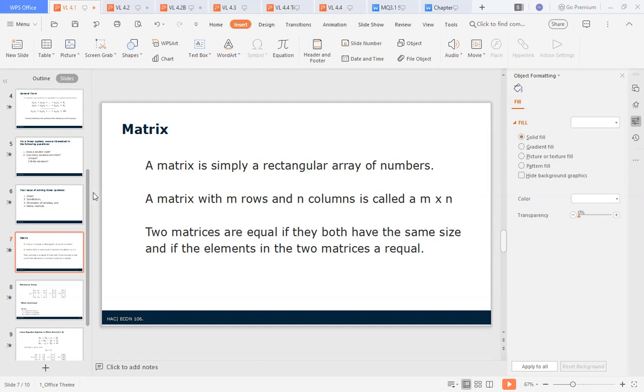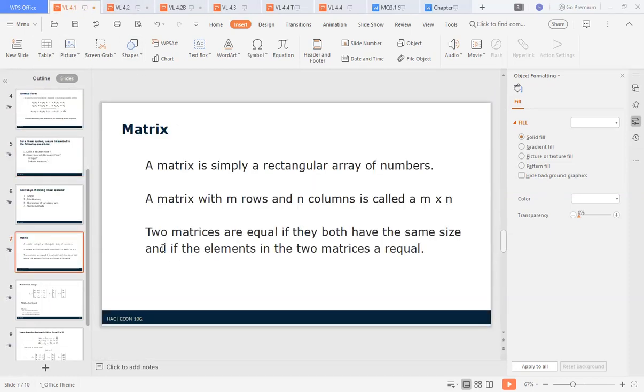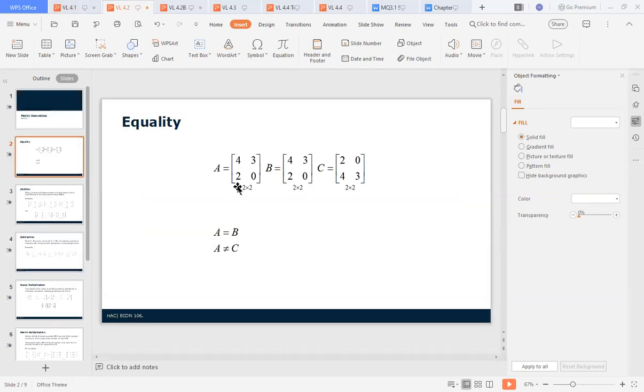We'll go back to the, okay, so all right. Now with this one, class, two matrices are equal if they both have the same size and if the elements in the two matrices are equal. Example here would be matrix A has elements 4, 3, 2, and 0.